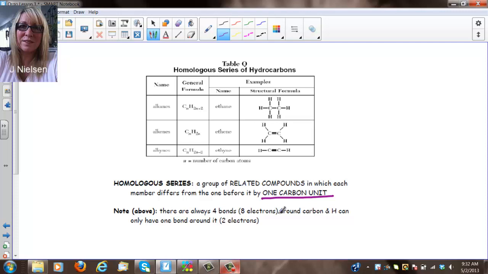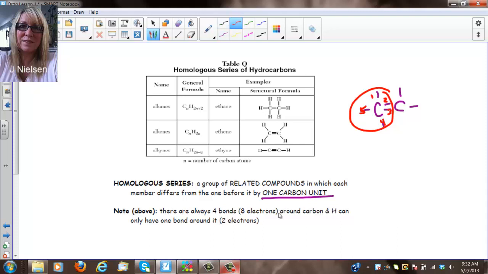If I drew something like this, this is not a valid compound. And the reason being is because this carbon right here has 5 bond lines coming off of it. 1, 2, 3, 4, 5.